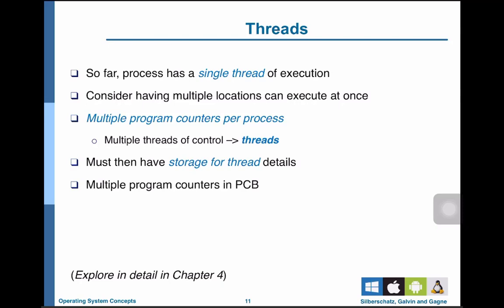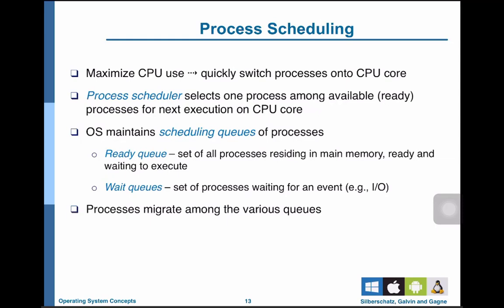To maximize CPU use, the operating system can switch processes quickly on a CPU core. So the process scheduler selects one process among the available processes for execution on a CPU core, according to an algorithm.